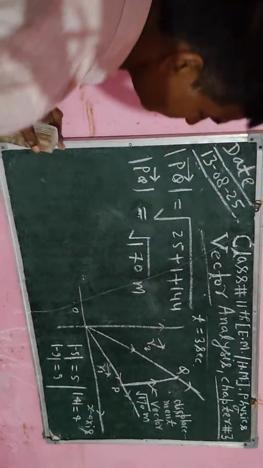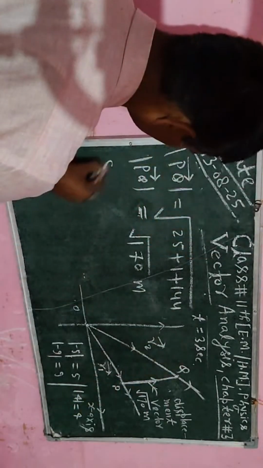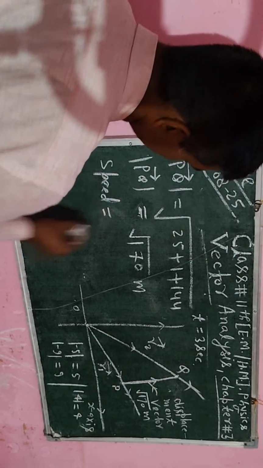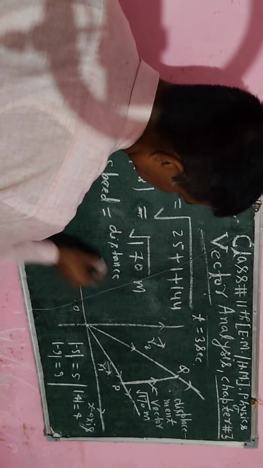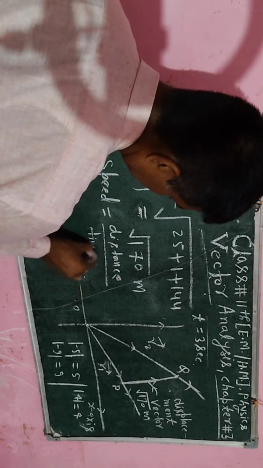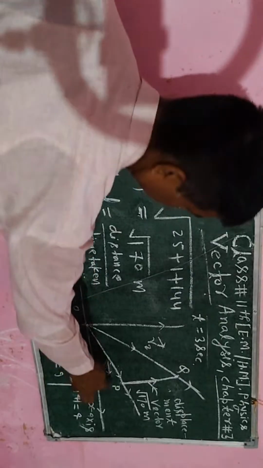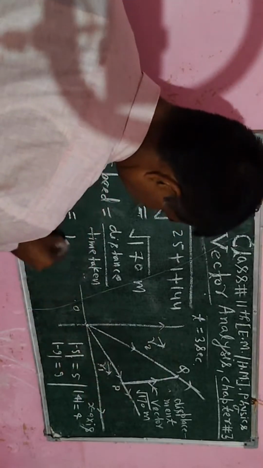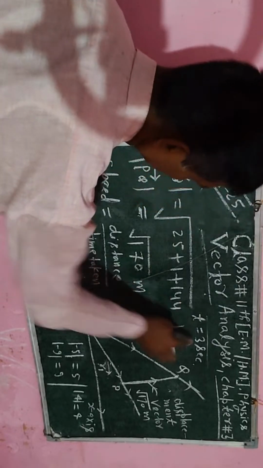Now I will find the speed value, that is PQ speed. Speed is equal to distance divided by time taken, which is moving from point P to Q. So distance is already available, square root of 170, and time is also available here, 3.